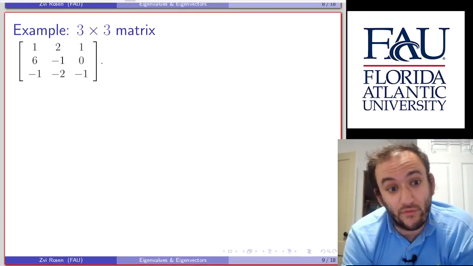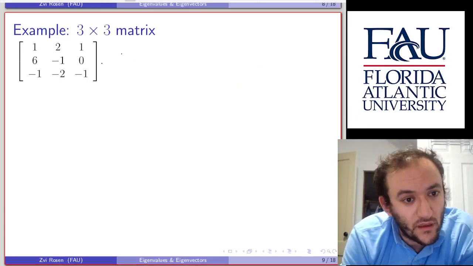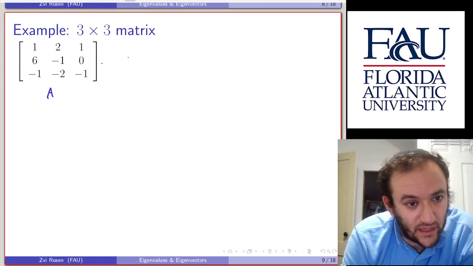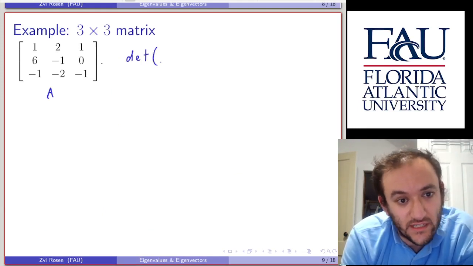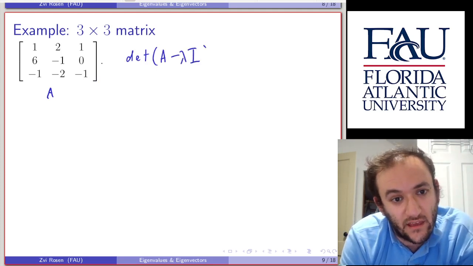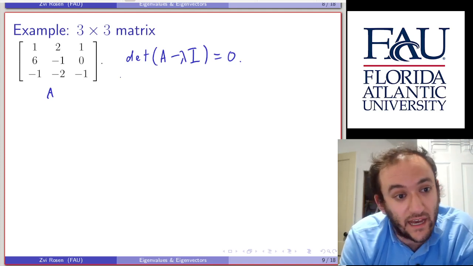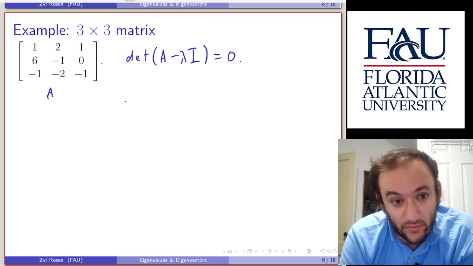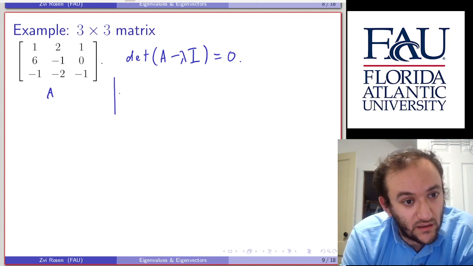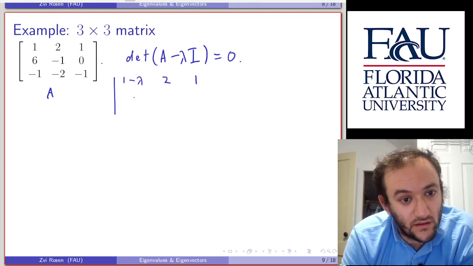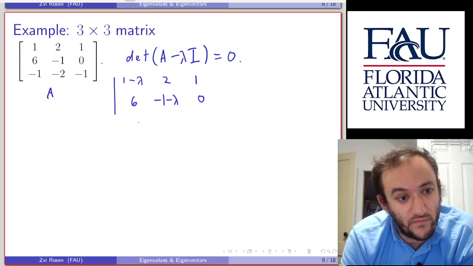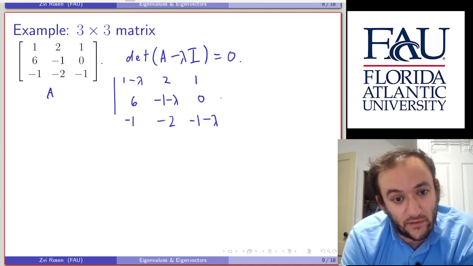Now let's look at a 3×3 example. So here we have our matrix A, and we want to see under what conditions the determinant of A minus lambda I is equal to 0. Okay, so again, we just write out A minus lambda I. In this case, I is the 3×3 identity matrix, so we're looking at 1 minus lambda, 2, 1, 6 minus 1 minus lambda, 0, minus 1 minus 2 minus 1 minus lambda.